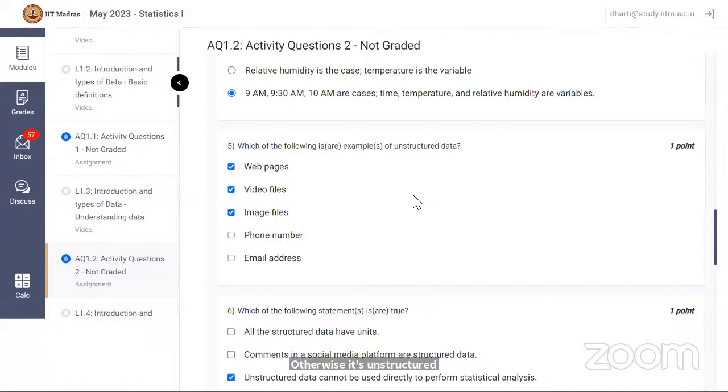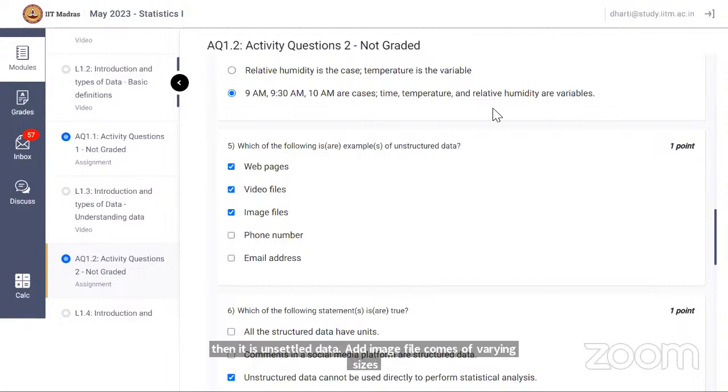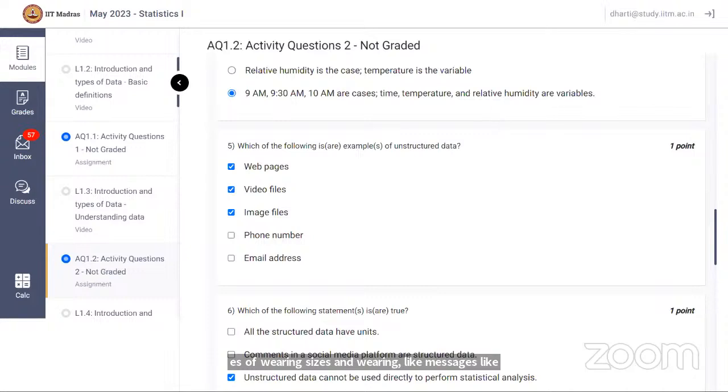If a single car has 3 or 4 or 5 colors, then it is unstructured data. Otherwise, if it is a single-valued attribute, then it is structured data. If it is a multi-valued attribute and the length, the height, and other things cannot be measured, then it is unstructured data. As image files come in varying sizes and varying image formats and other things, that's why it's unstructured.